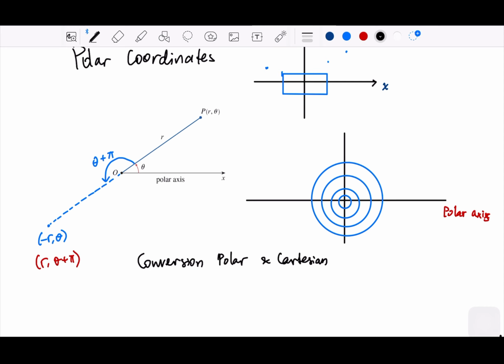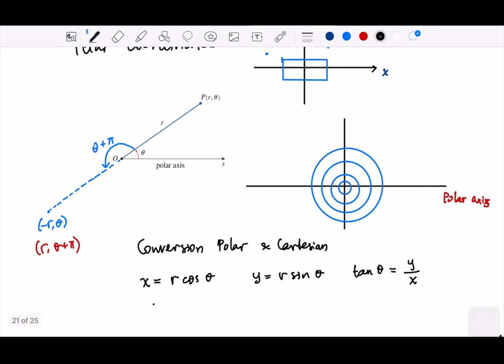I think with just a simple triangle, you could simply get x is r cosine theta, and y is r sine theta, and tangent theta is y over x, and you can get these circle equations. So for all these four formulas, you could convert between polar and Cartesian.